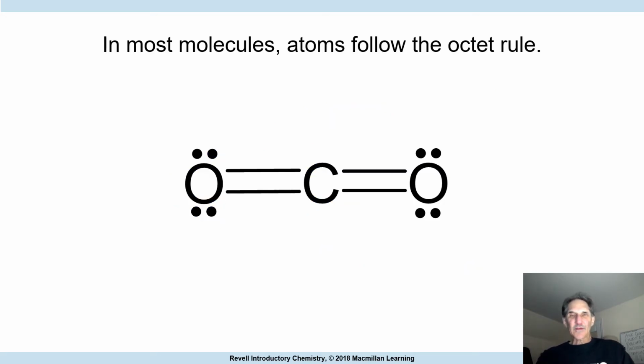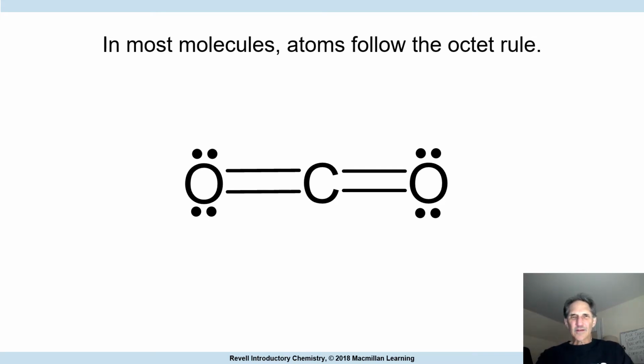Here's carbon dioxide. Carbon comes with 4 electrons, 1, 2, 3, 4. If we were to draw the Lewis dot structure, it would be carbon with dots around it. 4 electrons, it's in group 4A. And the oxygens come with 6 electrons, 1, 2, 3, 4, 5, 6. And we've already arranged it to form a nice symmetrical carbon dioxide.